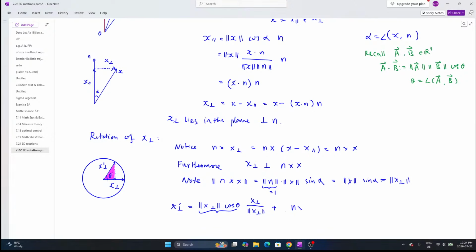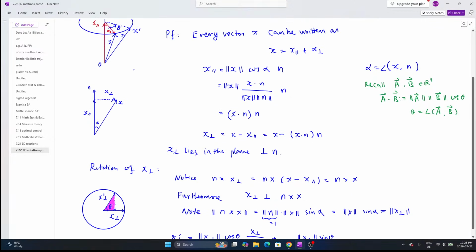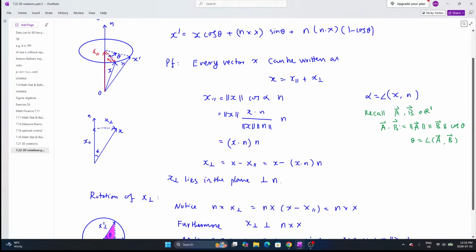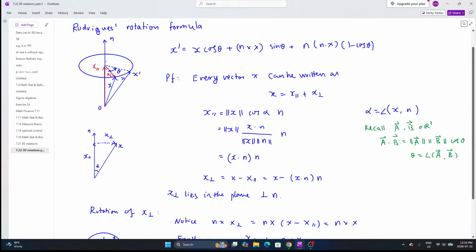The vertical component has a length of x perpendicular times the sine of theta. And we need a unit vector in that direction. Take a look at the diagram. What's the direction of n cross x? Use the right-hand rule. n cross x goes this way.